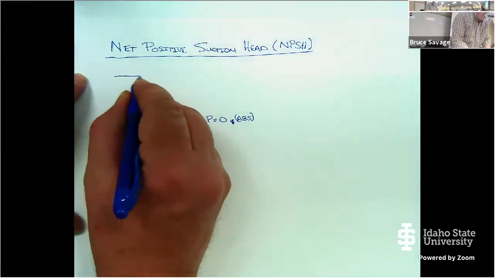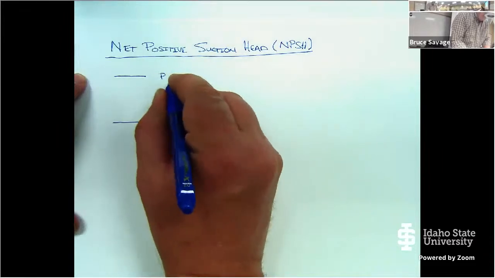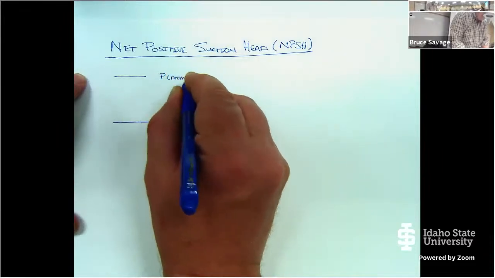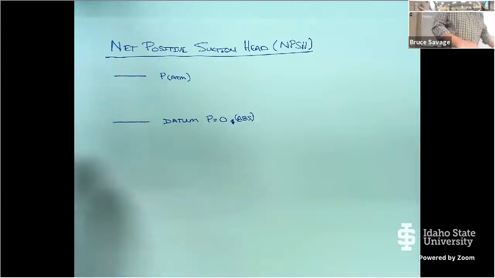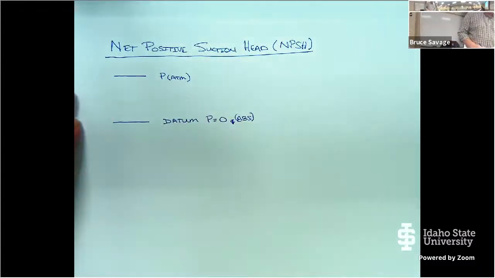And then if we come up a little ways farther, we have P atmospheric, P ATM. A lot of times we reset our datum so P atmospheric is equal to 0. So we say right now the pressure that we feel is 0, but it's really not. If we're at sea level, it's 14.7 pounds per square inch, 101 kilopascals, or so many inches of mercury and so forth. That then is the atmospheric pressure, right?